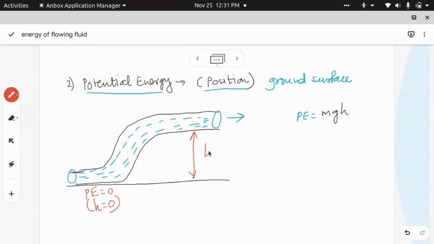Suppose I write H here, at particular height H, so here its energy is not equal to zero, but its potential energy is equal to M into G into H, right? This is the potential energy of the liquid flowing through the tube which is raised to height H.